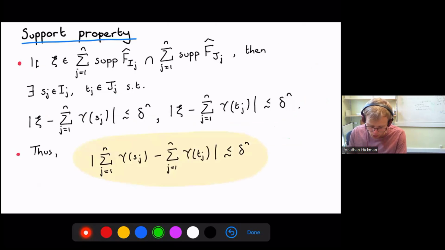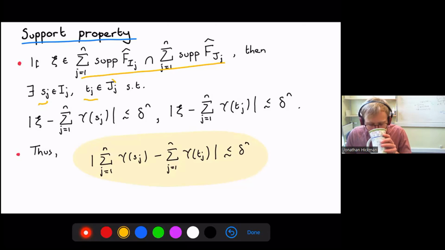So now let's suppose that these two Minkowski sums intersect. We can apply the observations of the previous slide together with the triangle inequality and deduce that there must exist points s_j lying in the respective I_j intervals and points t_j lying in the respective J_j intervals, such that if we form the sum of γ(s_j) and the sum of γ(t_j), the difference between these two sums is bounded by delta to the n.